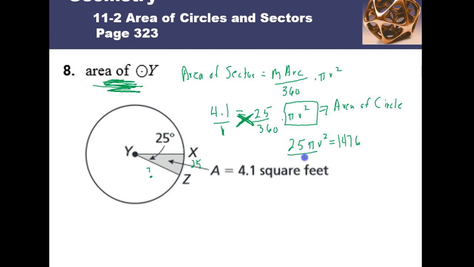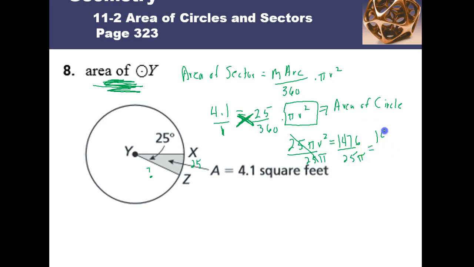And then I'm going to divide both sides by 25 and pi. Now 25 is on the bottom and so is pi, so this is a tricky calculation.